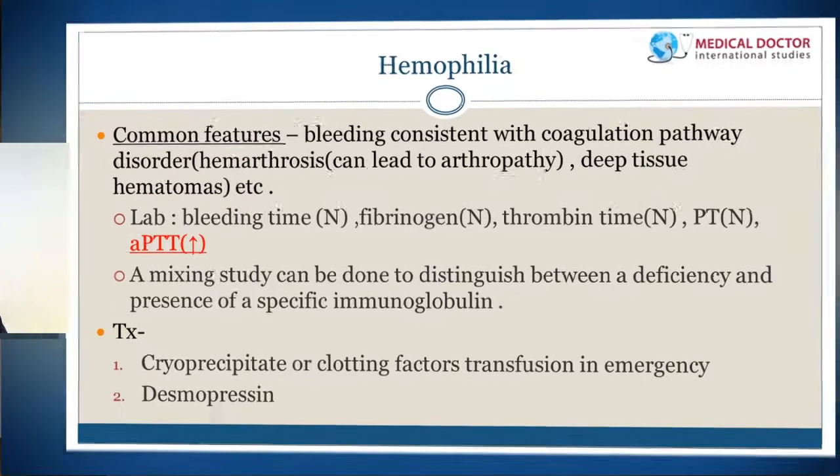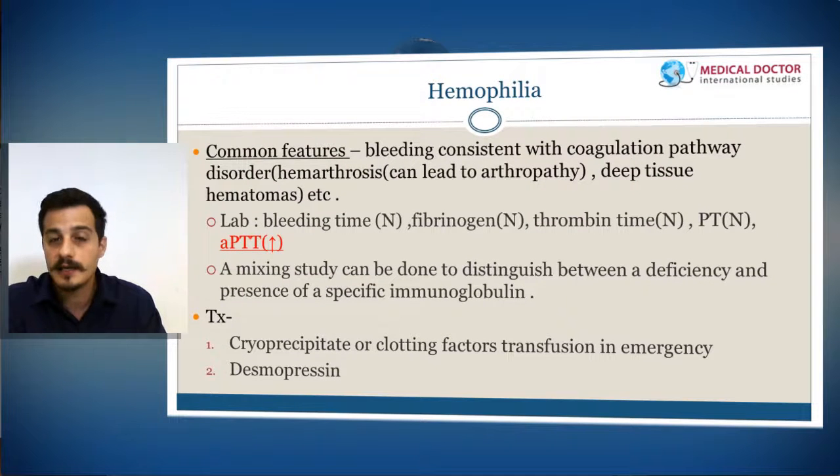Now, the common features of hemophilia are, as we said before, bleeding that is consistent with coagulation pathway disorder. So you can expect deep tissue bleeding, hematomas, etc. Now, the important lab tests, which we've already mentioned before: the bleeding time would be normal. As we said, it is mostly associated with platelet function.